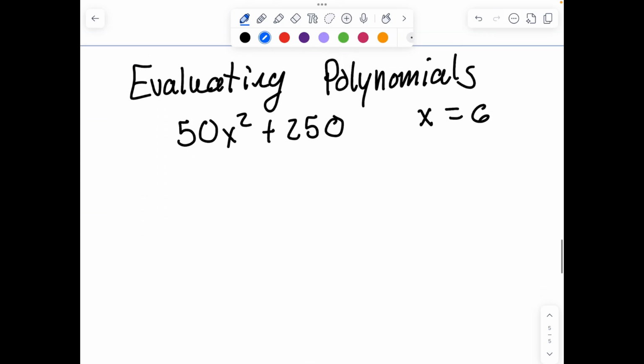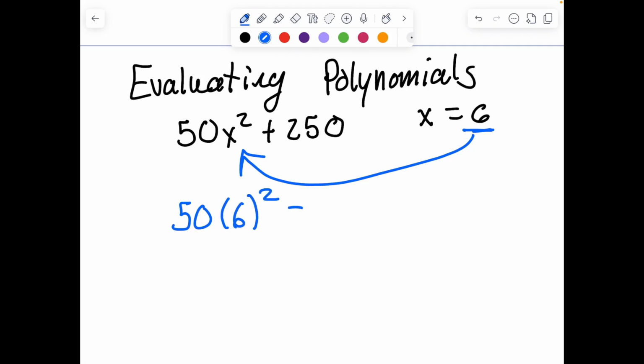With evaluating polynomials, we've done something similar to this when we have been looking at our systems of equations. This is essentially when we take a number and plug it in for x to evaluate. So in this case, I have 50 times 6 squared plus 250. At this point, remember your order of operations, PEMDAS.